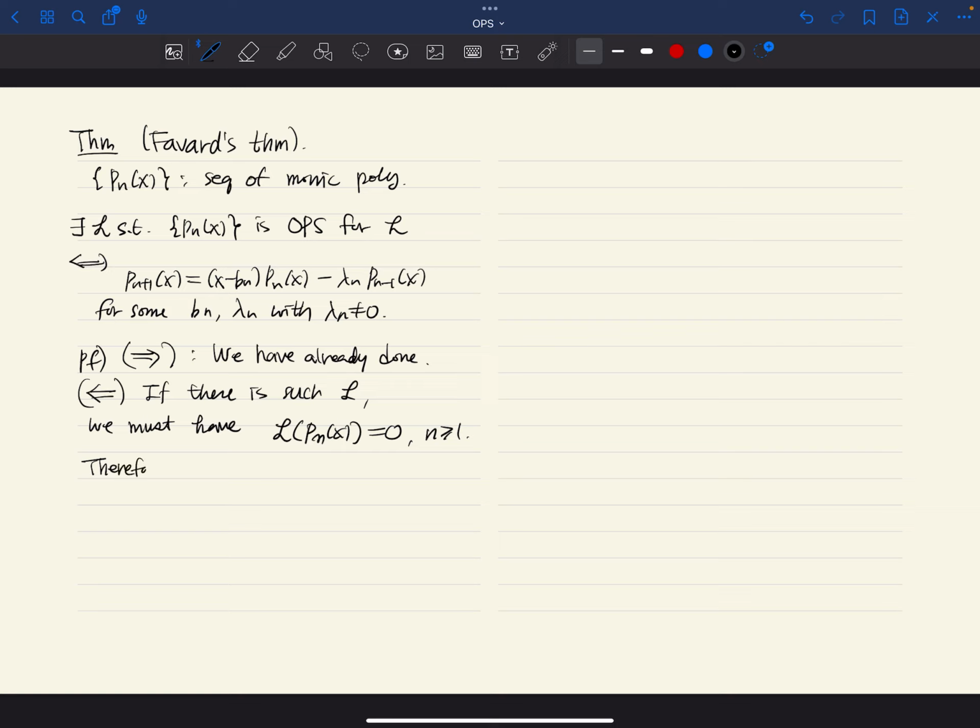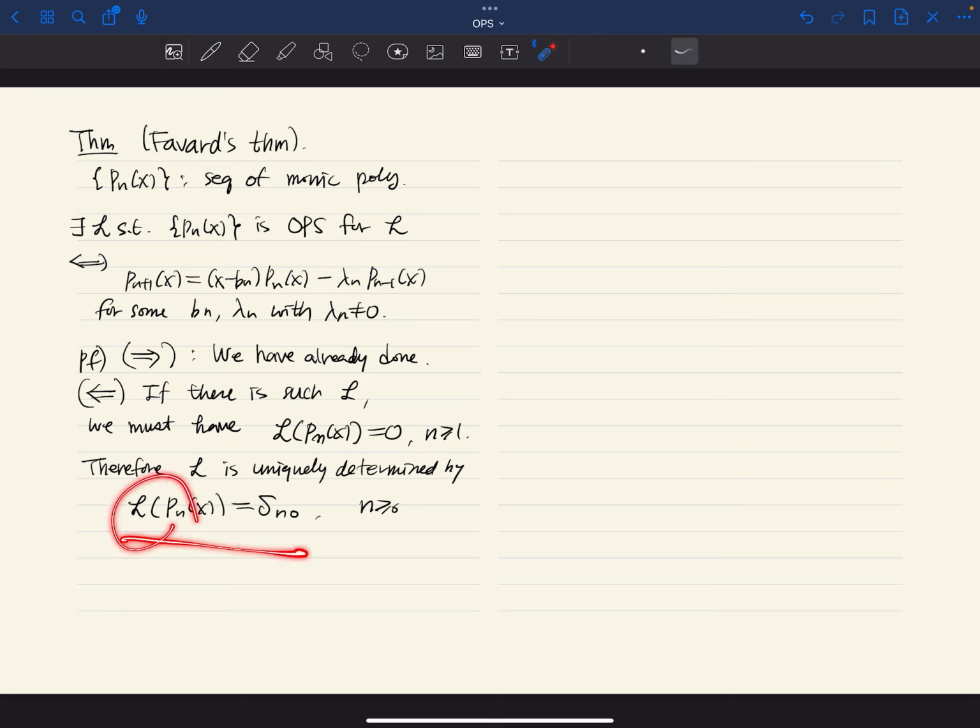Therefore, L is uniquely determined, and if n equals 0, this must be non-zero. So if you say that L of P n equals delta n 0 for all n, then the linear functional is completely determined. We don't have much choice; we have only one choice. We have to define the linear functional this way, and then we just hope that this is the right linear functional. We need to show that this really satisfies the orthogonality.